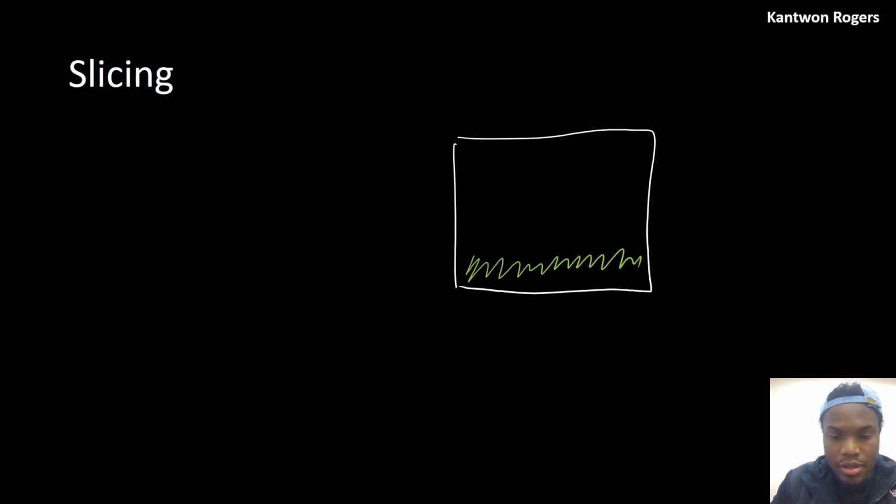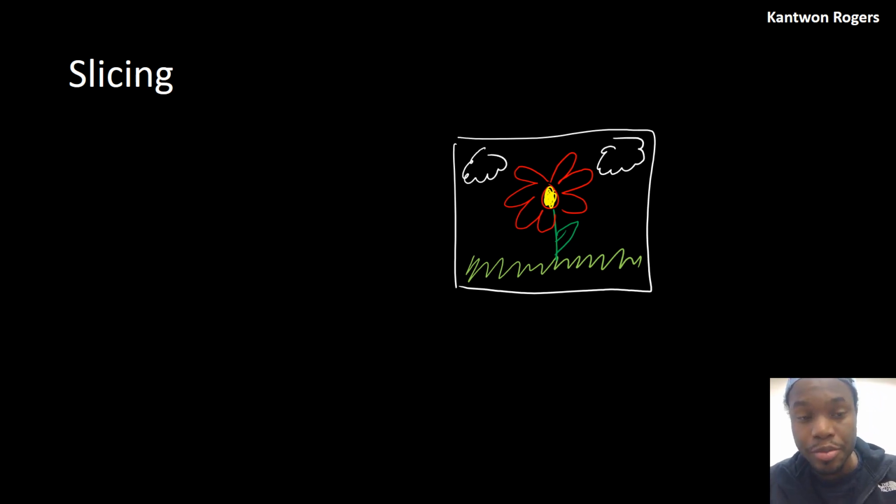Let's say that there was a flower. Let's do a red flower. Actually, let's add some yellow in there too. Actually, let's put some clouds in the sky. Okay, so you've just witnessed a masterpiece.